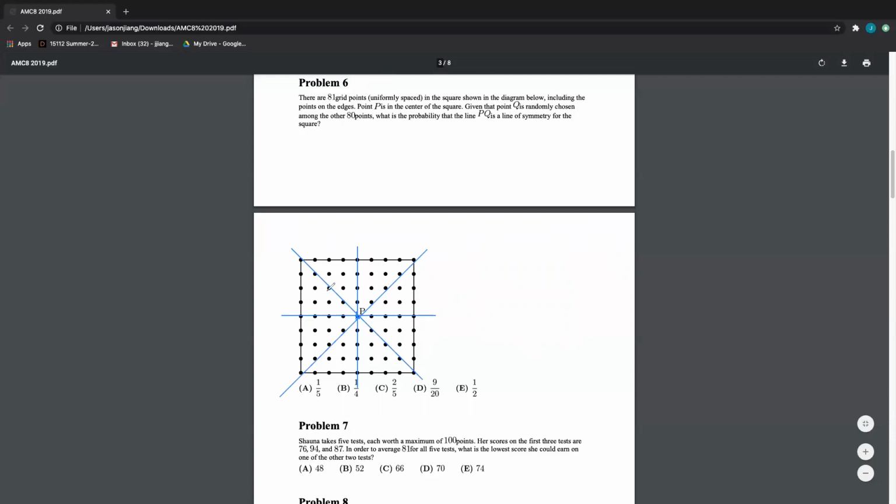And we can see that they're actually like 4 in every direction. And multiplying that by 8 directions, 4 times 8 is 32 points that work. There are 80 possible points, 81 minus P because we can't pick P again. So we just have 32 divided by 80, which is 4/10, or 2/5.